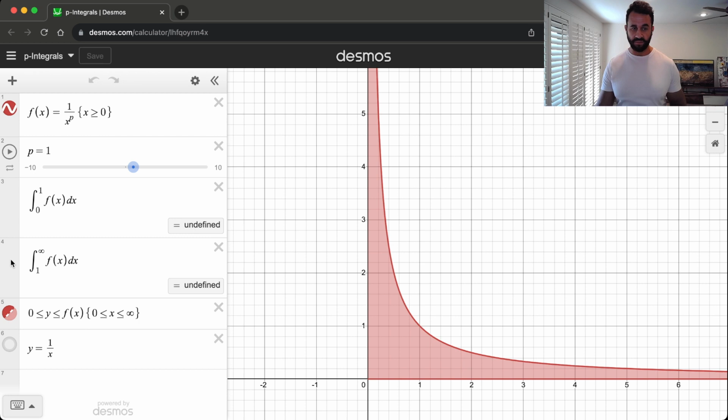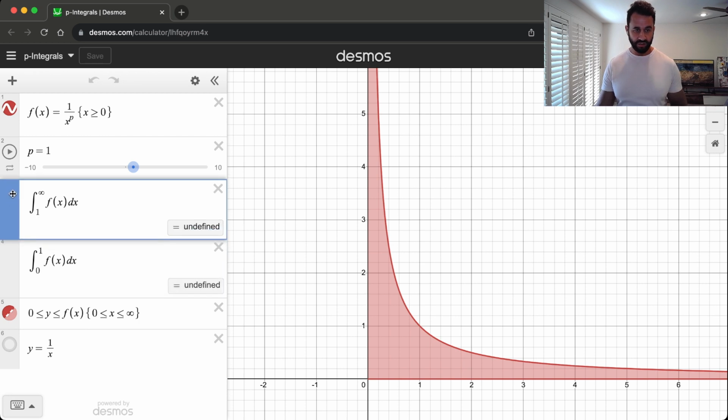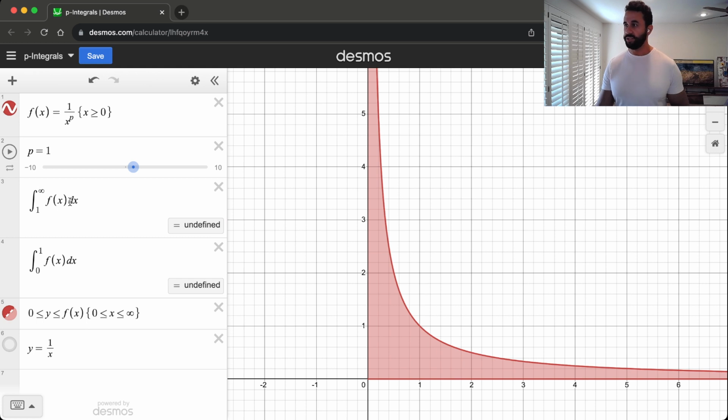So the integral from 1 to infinity diverges when p is equal to 1. We have 1 over x. Also, the integral from 0 to 1 diverges when p is equal to 1. So the two separate areas are the ones from 0 to 1, and then the ones from 1 to infinity.